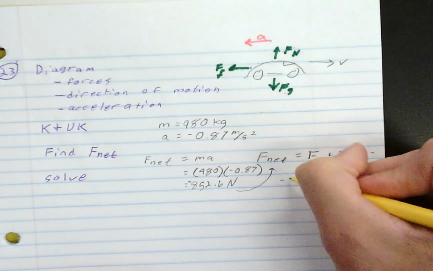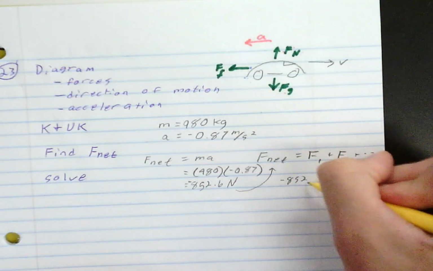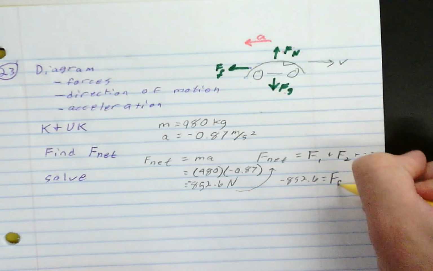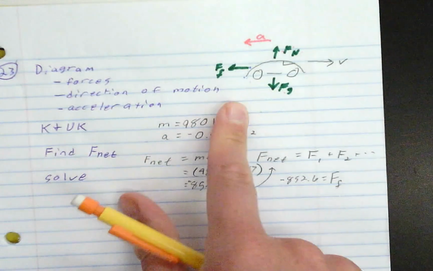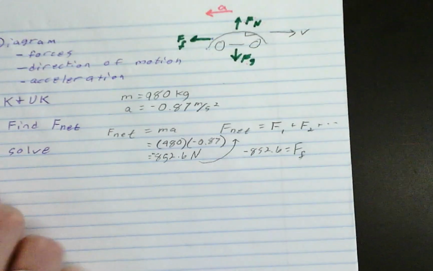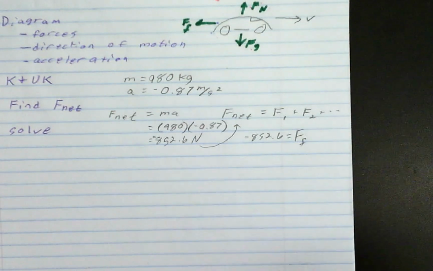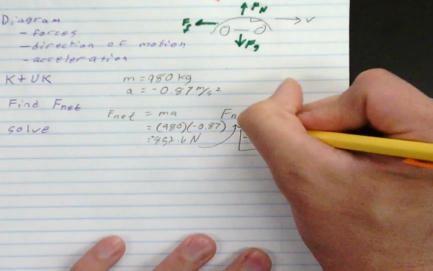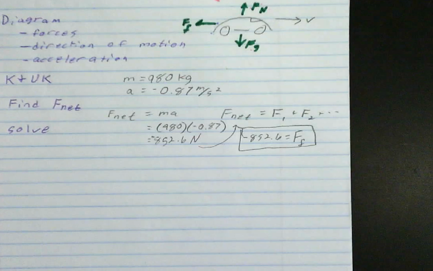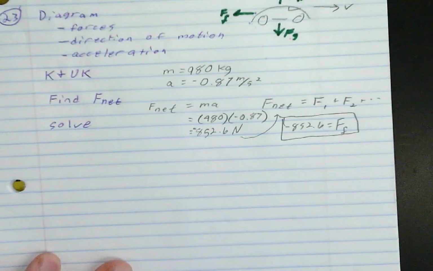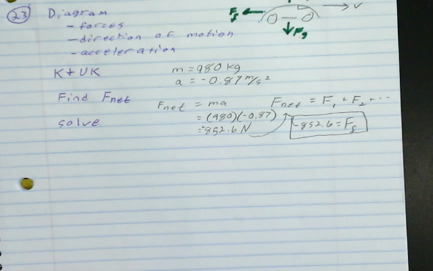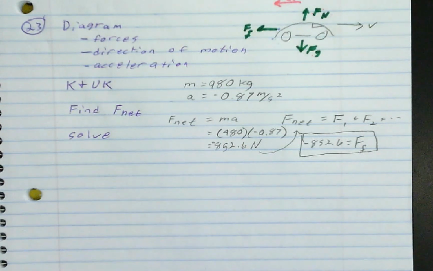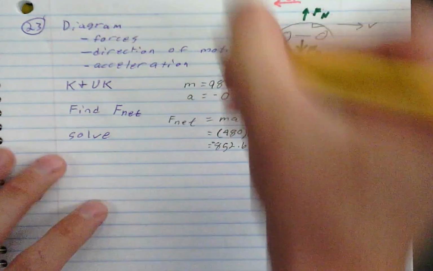So my net force, negative 852.6, equals force 1, which would be friction, plus any other side-to-side force, which we don't have any, which means the force of friction is the net force this time. Okay, that takes care of part A.